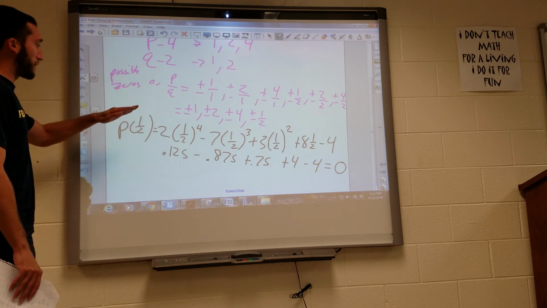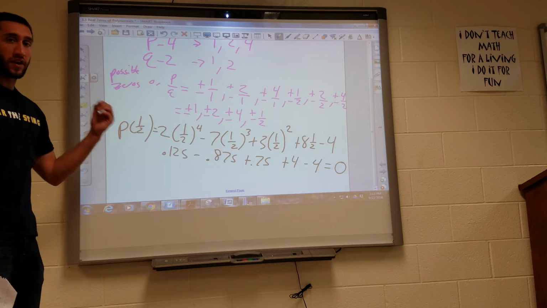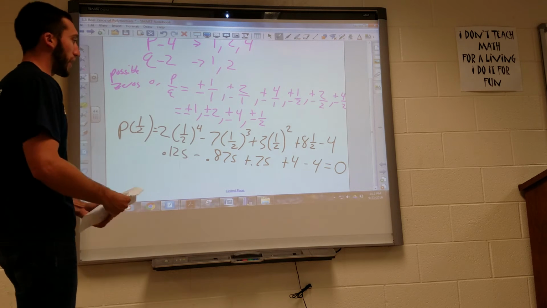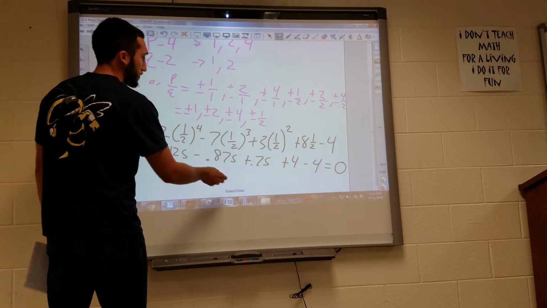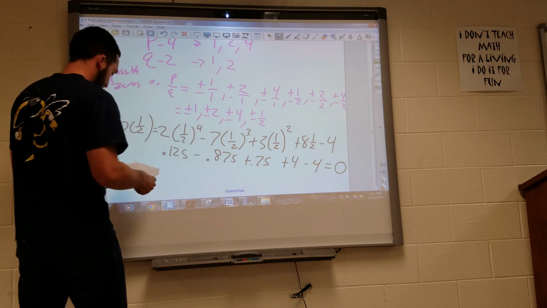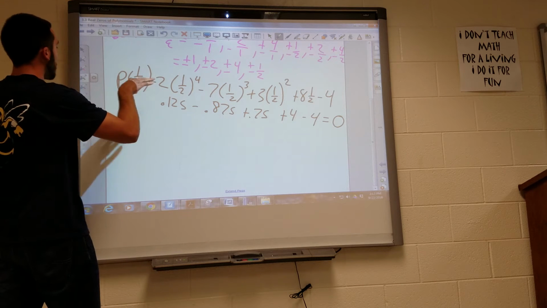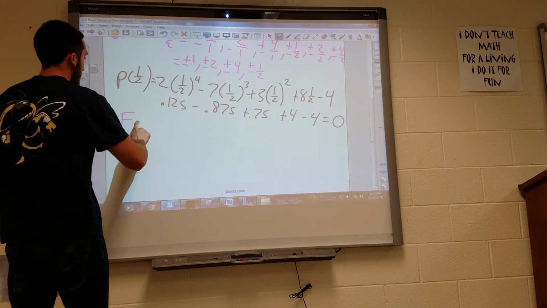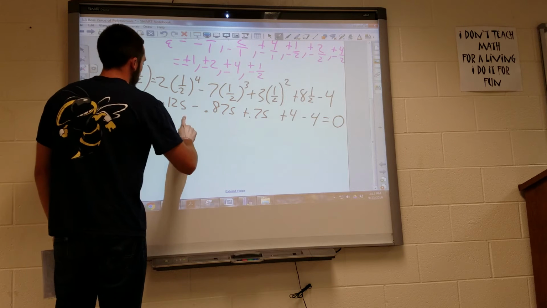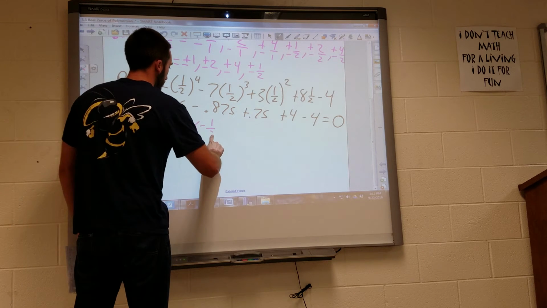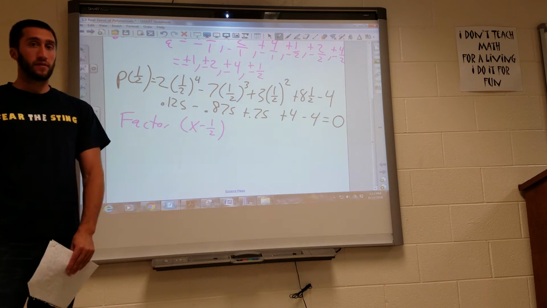So now that I found my first 0, I use synthetic division, divide through, so I can see what I am left with after I divide by that factor. So remember that the fact that 1/2 is a 0 means that the factor is x minus 1/2.